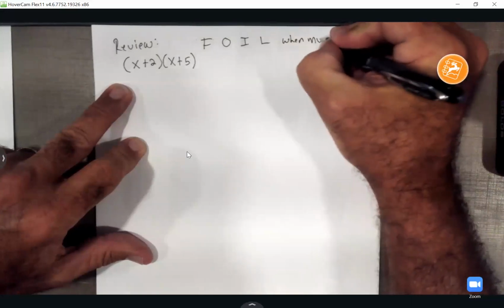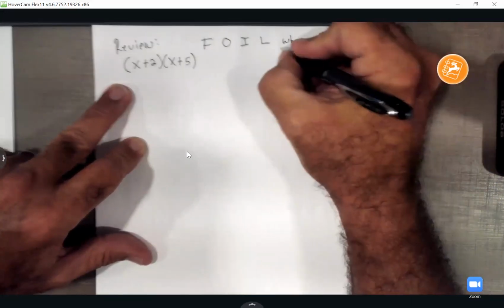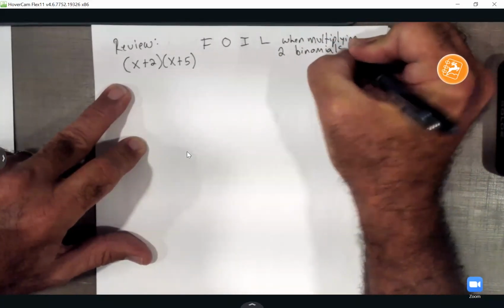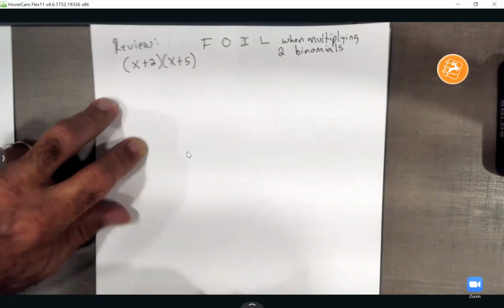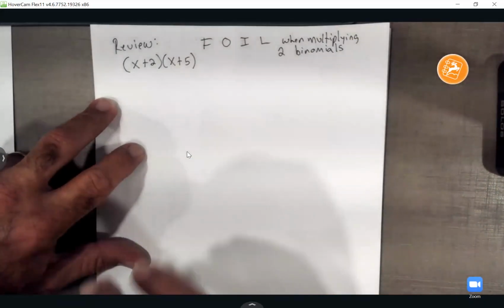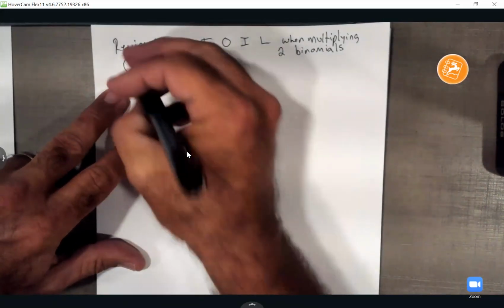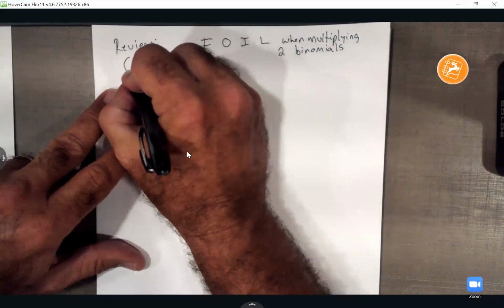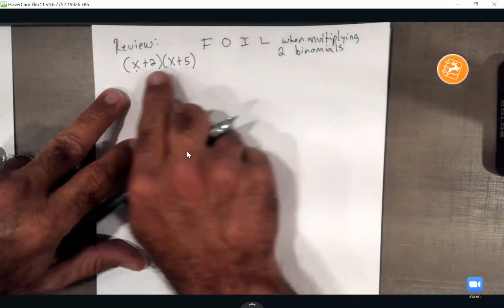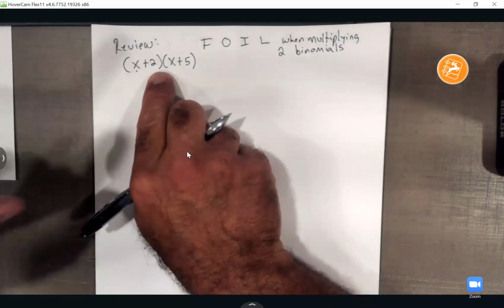So when multiplying two binomials, FOIL is a way that you can remember that you got to multiply 4 times, and it sort of gives you a pattern. And you're really doing the distributive property twice. Now notice, parentheses next to parentheses imply multiplication, right?